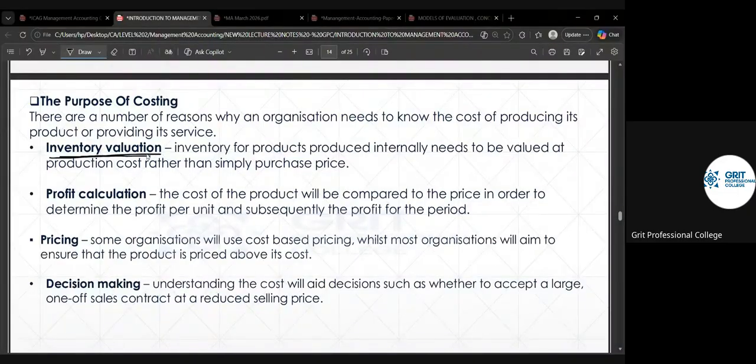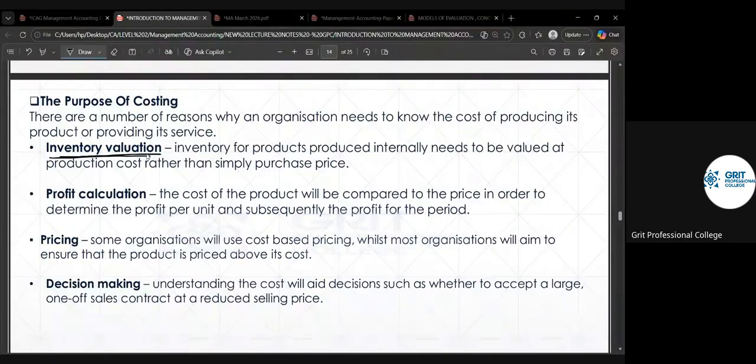When we produce goods, sometimes we may not be able to sell all of the products we have produced at the end of the period. We classify the remaining goods as our closing inventory. For the closing inventory in your company at the end of a particular period, you need to show it on the face of your financial statement.